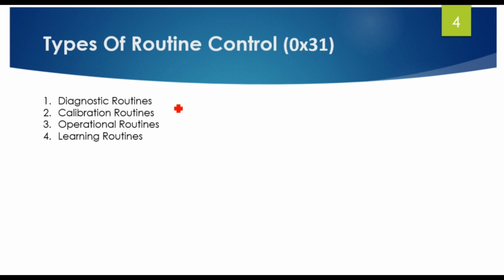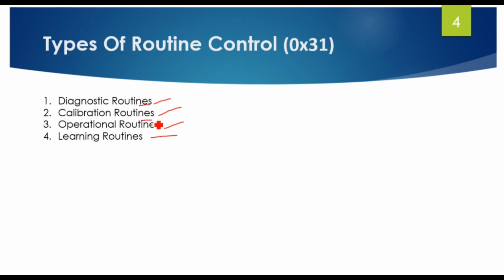Okay. So types of routines. There are four types of routines. The first is diagnostic, second calibration, then operational, and then learning routines. I will tell you in brief what a diagnostic routine is. Diagnostic is used to check the health or functionality of a component or system. For example, running a test to check if the fuel injectors are operating correctly or not.